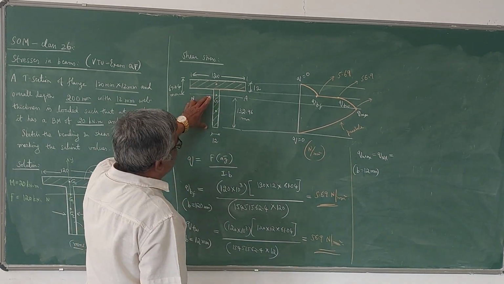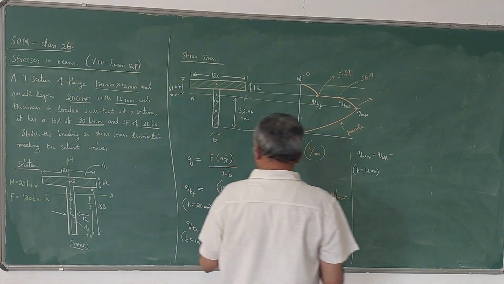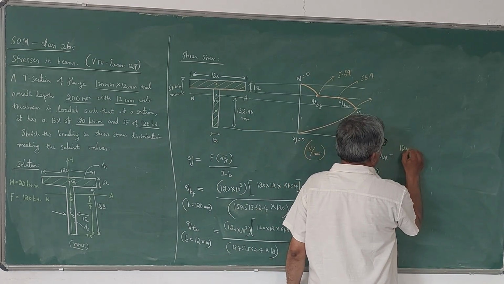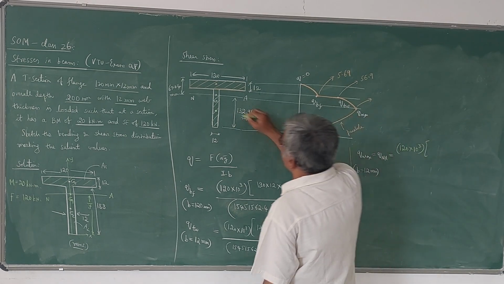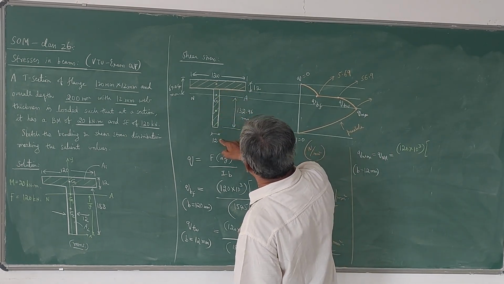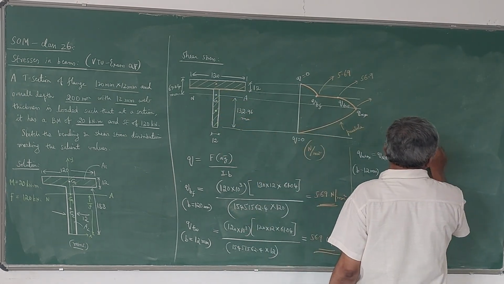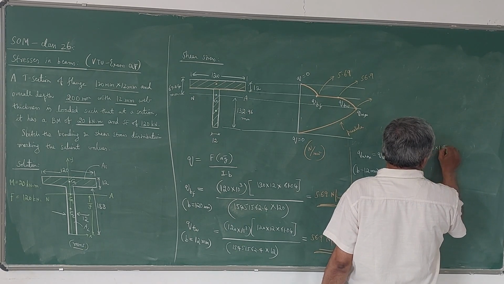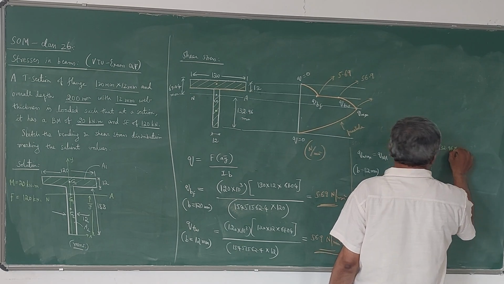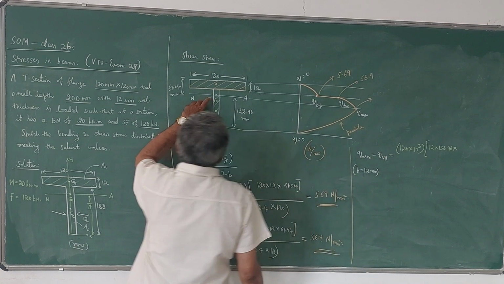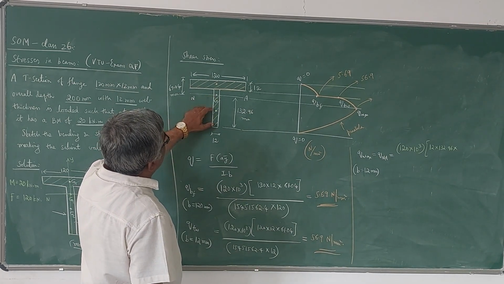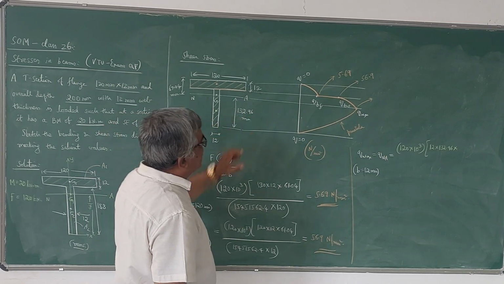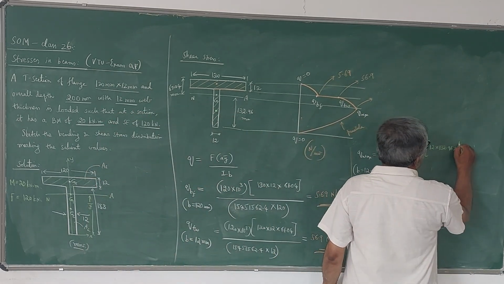Now let us calculate the area first. So here F is same, 120 into 10 cube into A, the area of this rectangle, which is 12 into 132.96, into Y bar, the distance of centroid of this rectangle to this neutral axis, which is half of 132.96.